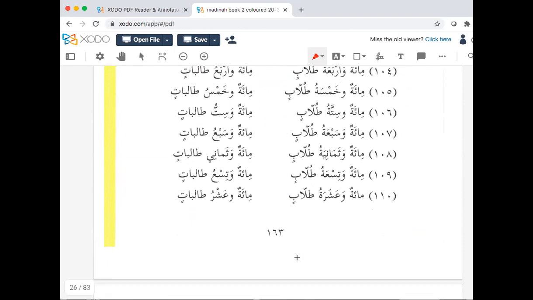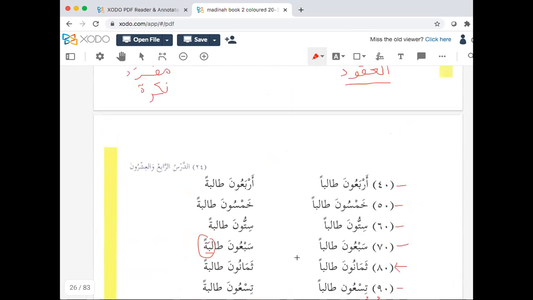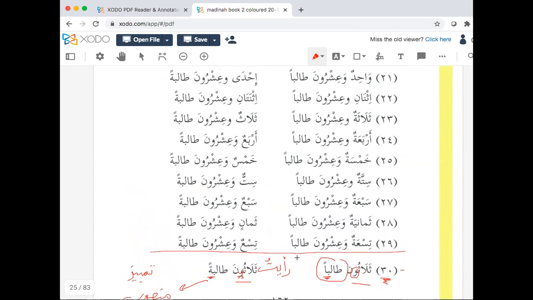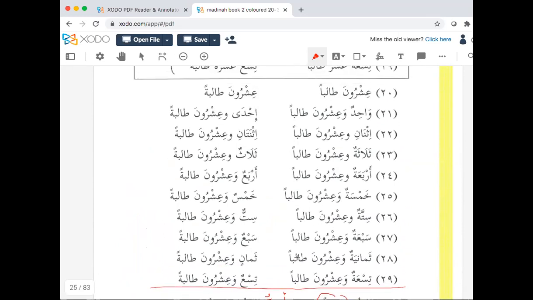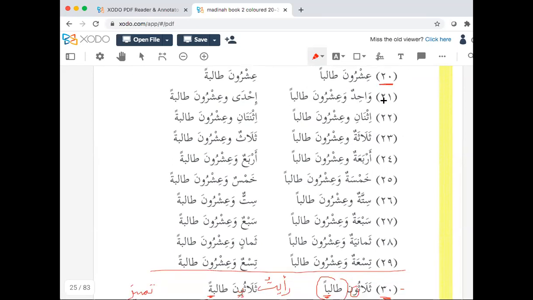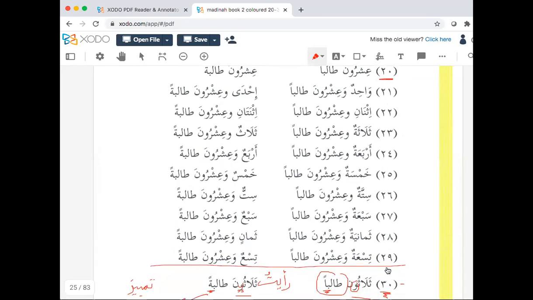And just before we go too far away, just to get a recap of the numbers which are in between the uqud. So between 20 and 30, you have these numbers, right? What do we say about these numbers?